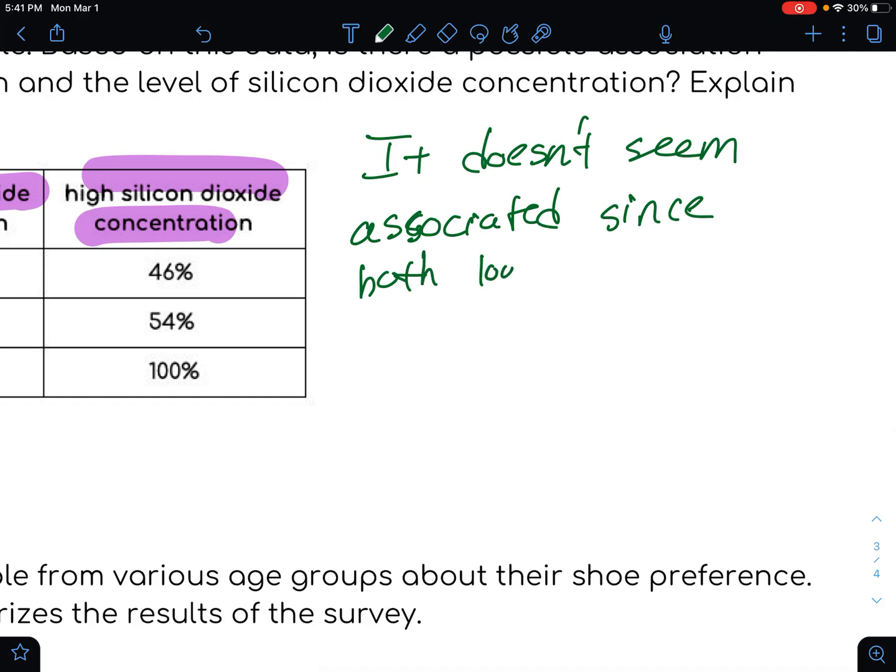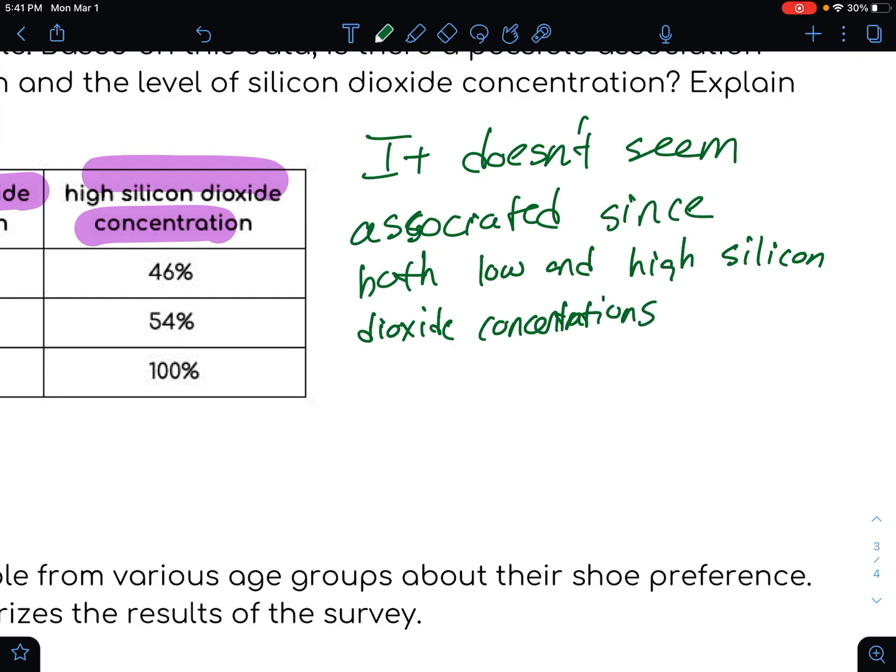Since both low and high silicon dioxide concentrations have about the same percentage of healthy and unhealthy coral.